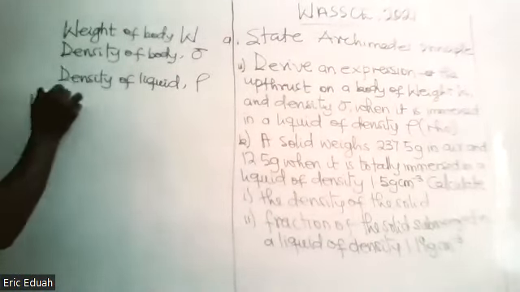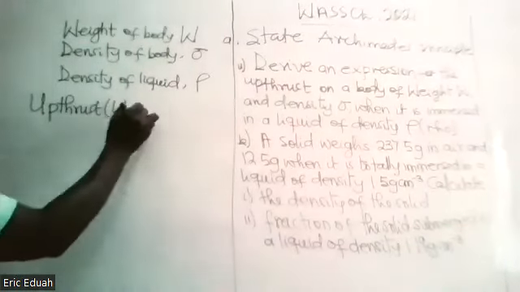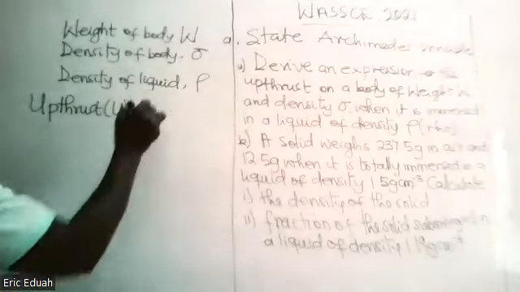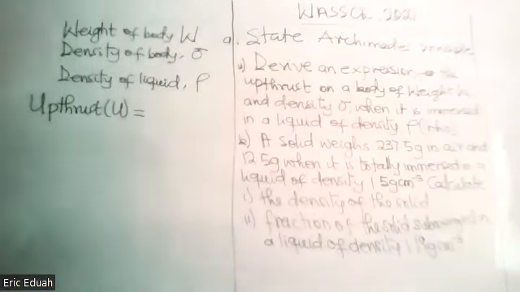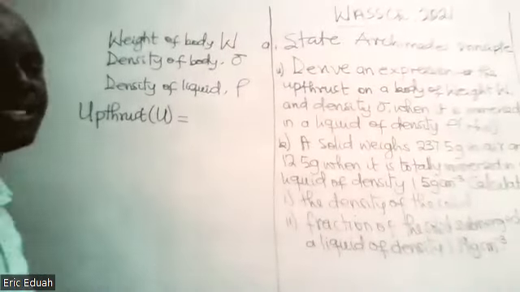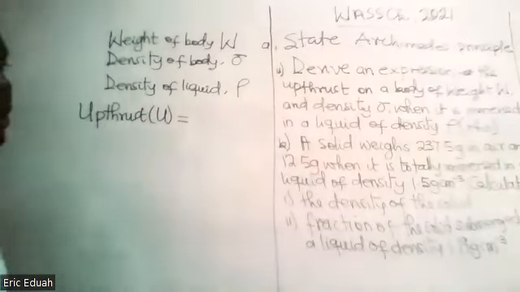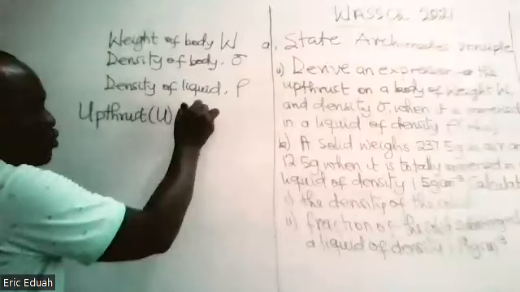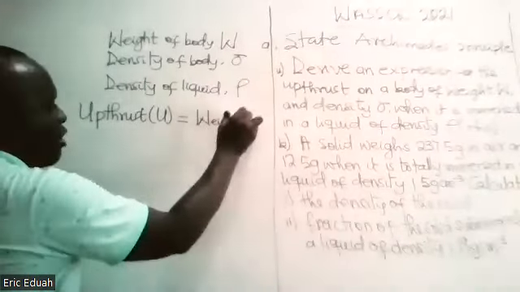Let's represent the upthrust by the letter U. Upthrust is equal to, we just stated Archimedes' principle, that when a body is fully or partially immersed in fluid, it experiences an upthrust, which is equal to the weight of fluid displaced. So upthrust is equal to weight of fluid.